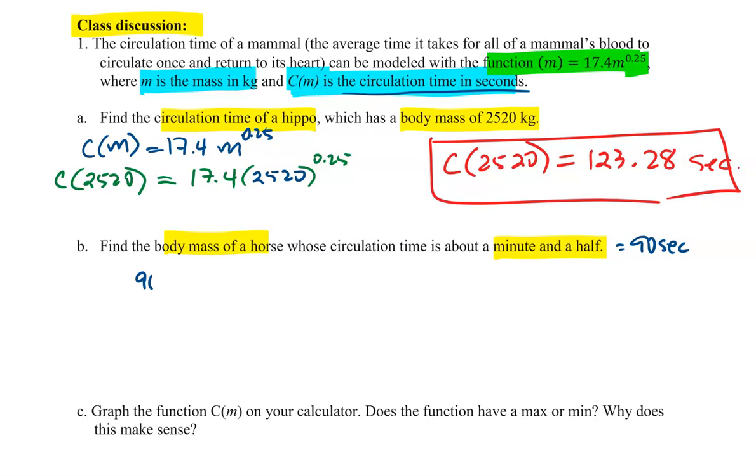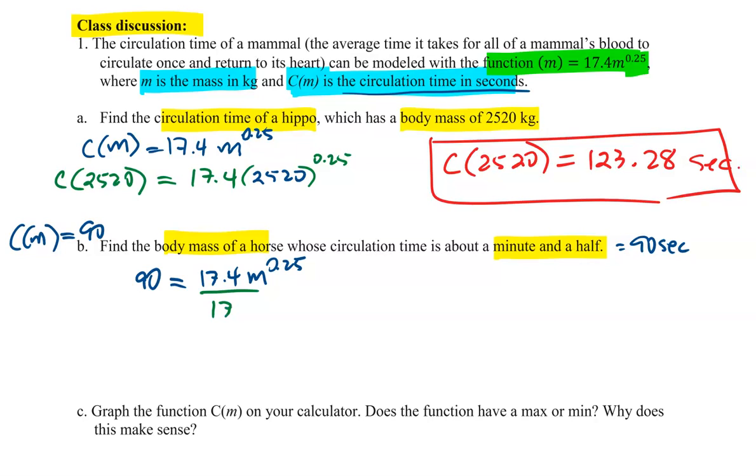So if C of m is 90, so 90 is equal to 17.4 m raised to 0.25.